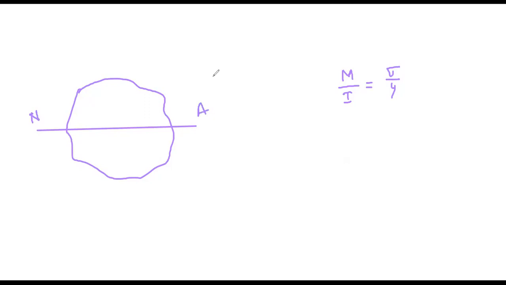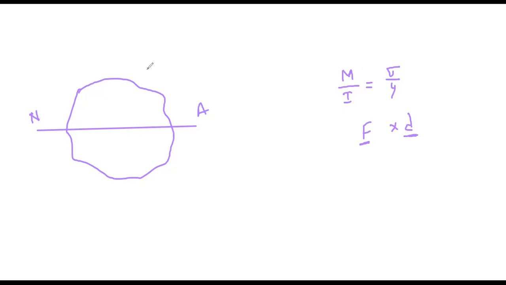If I want to calculate the moment of inertia of this entire area, I should know the force and the distance. Force into distance will give the moment, and the resistance to the moment is nothing but inertia.